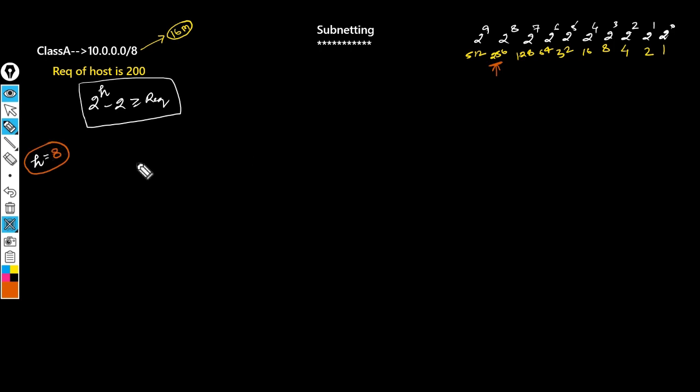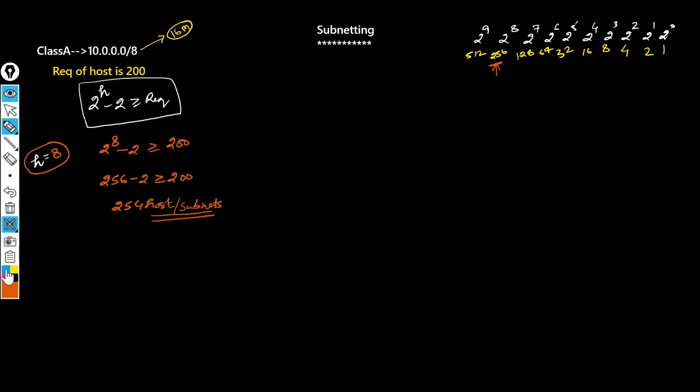Now do the calculation: 2 power 8 minus 2 is 256 minus 2, which is greater than or equal to the requirement of 200. In total you will be getting 254 hosts per subnet.